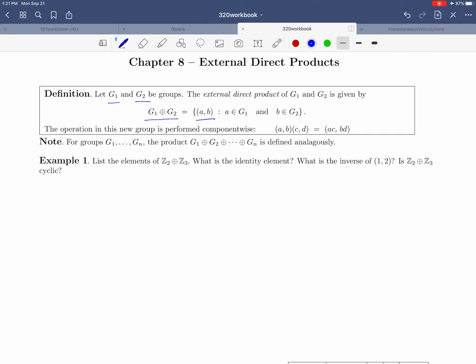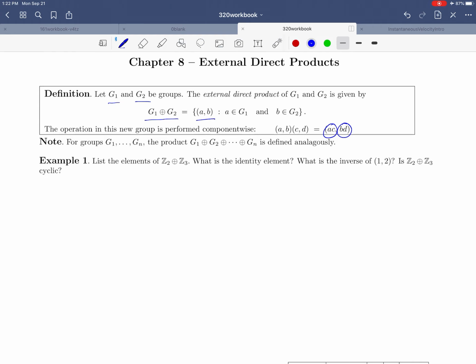And the operation in this new group is performed component-wise. So if we are applying the operation to (a, b) with (c, d), then we use whatever operation is used in G1 to combine a and c, and whatever operation is used in G2 to combine b and d. So this is done component-wise.